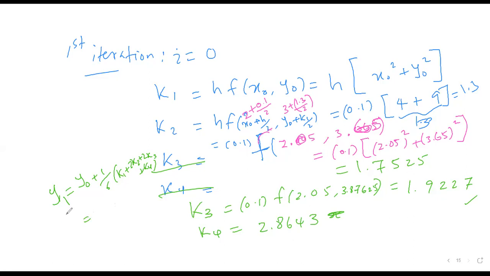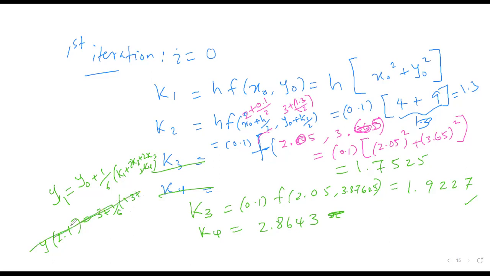So how about y1? y1 in the sense the value of y at 2.1. Yes. y at 2.1 will be the value of 3 plus 1/6 of k1, which is 1.3, plus 2 times.